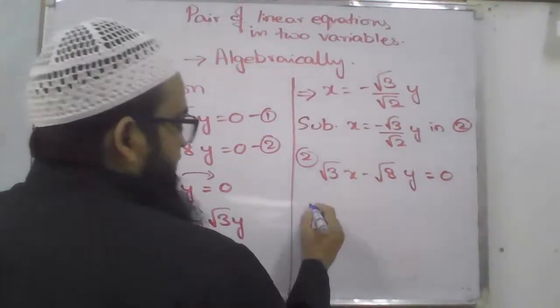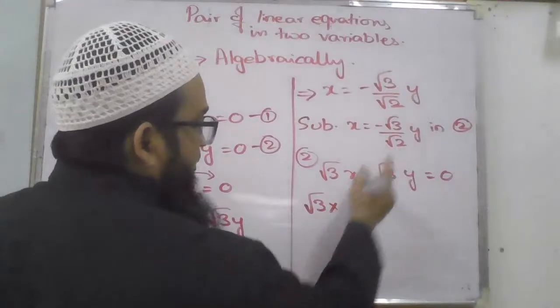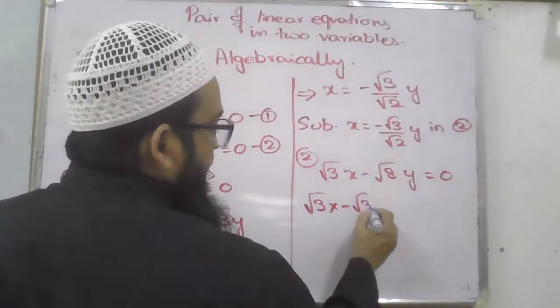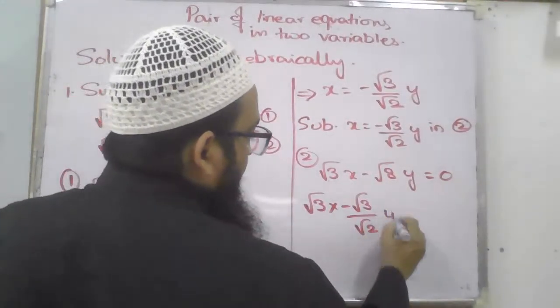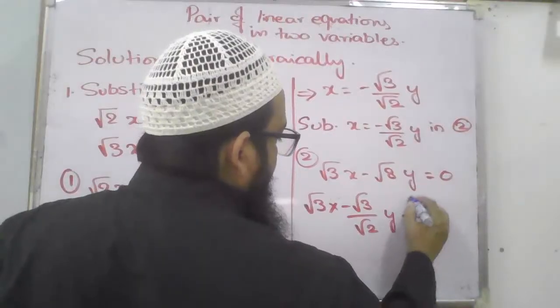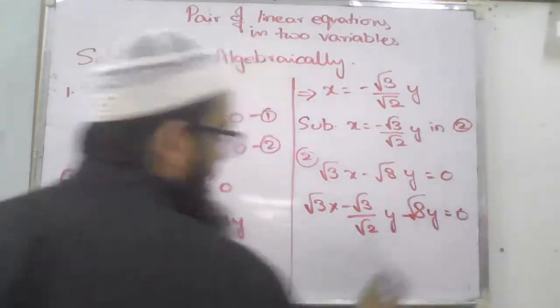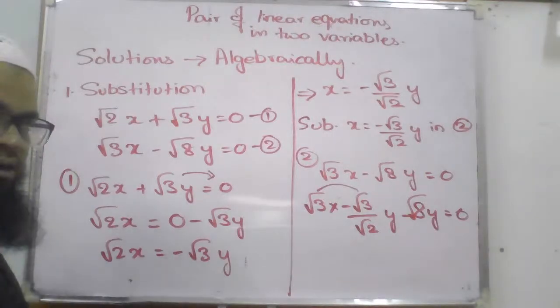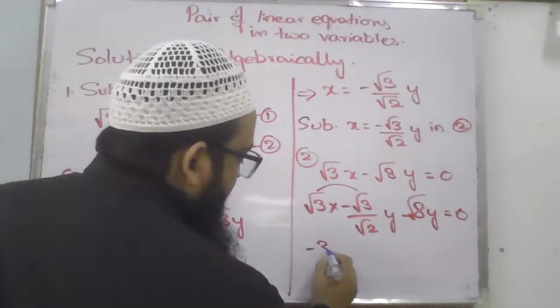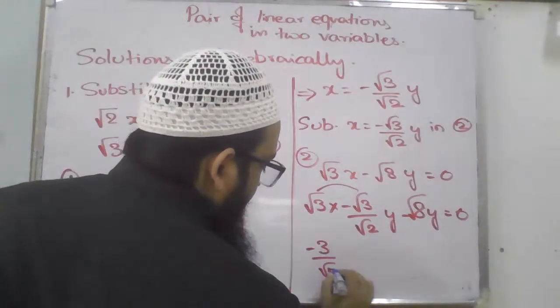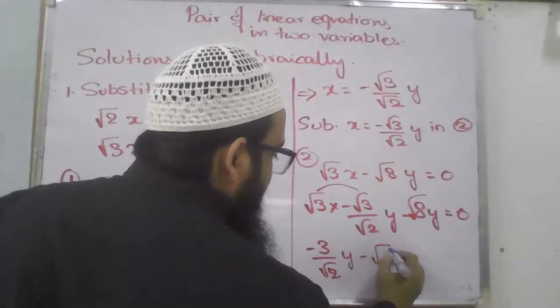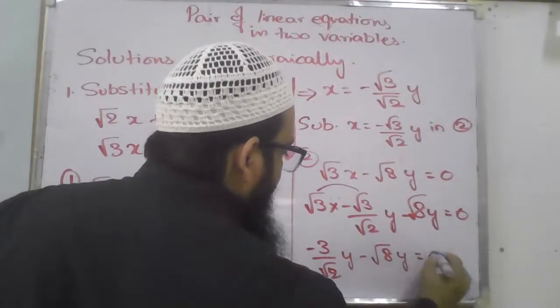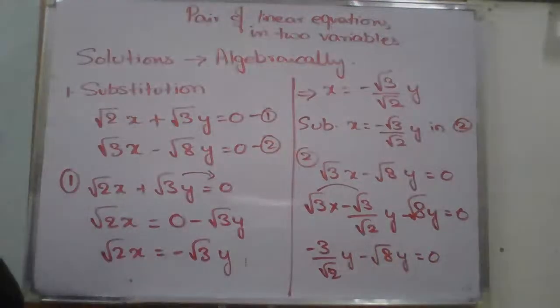Substitute in place of x: root 3 multiplied by minus root 3 by root 2 y minus root 8y is equal to 0. So what happens here? Root 3 into root 3 squared, it is 3, minus 3 by root 2 y minus root 8y is equal to 0. Understood?